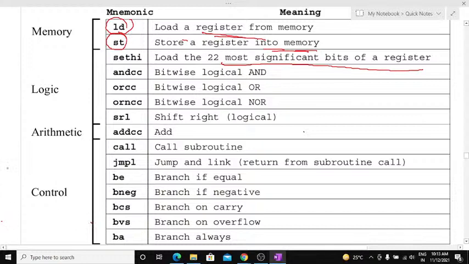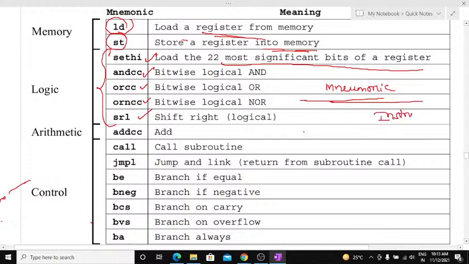These are logical related instructions: set high, and CC, or CC, SRL. These are the mnemonics. Mnemonics means instructions.